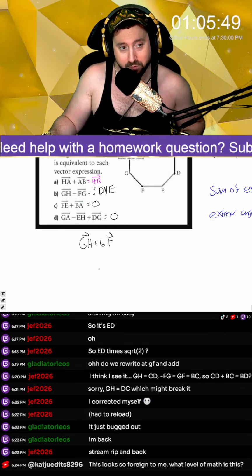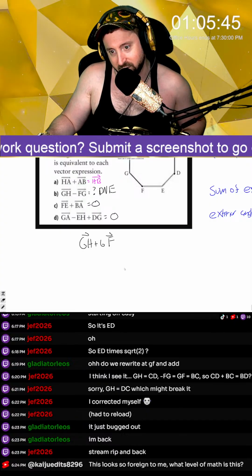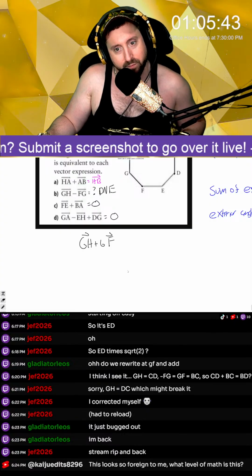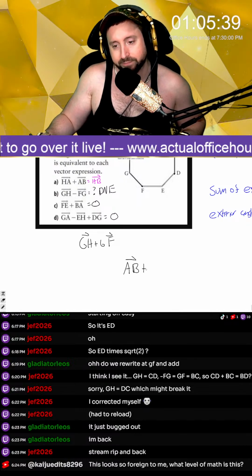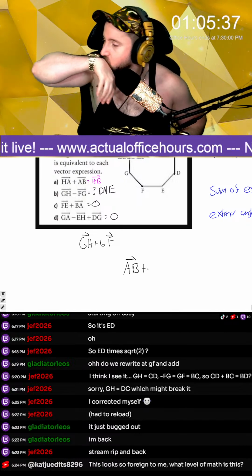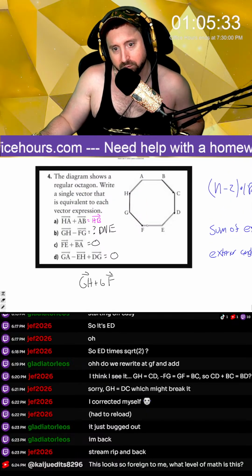It's great with manipulation of just letters and stuff, and I think that's what it did there. A lot of the time with vectors, with H to A and then A to B, we can just say H to B, assuming the tip ends at the tail, but in this case it doesn't.